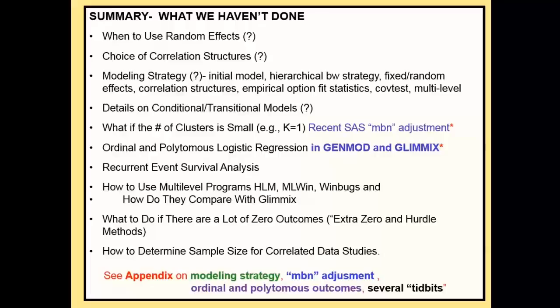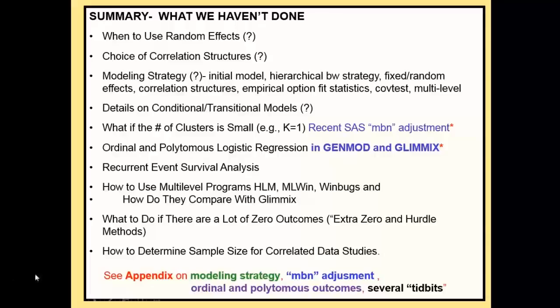What order do you do it? Where do you consider the empirical option? When do you consider fit statistics? How do you use Cove Test? Where does multi-level come in? I mean, these are all extra things. The modeling strategy is much more complicated when you're dealing with correlated data. And most of you are going to have to deal with that. So I need to talk about that a little bit more.